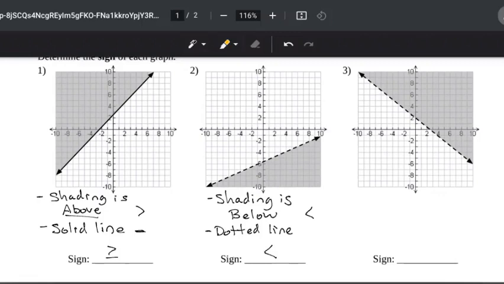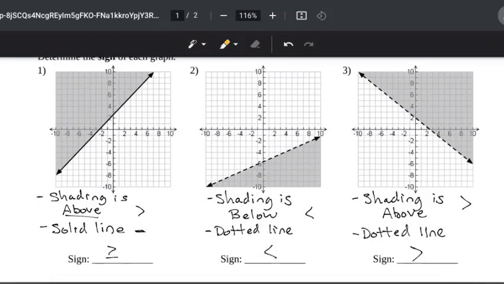Number 3, shading is above still, like number 1. And then the type of line is a dotted line. So above means greater than, and dotted means we are not including that information, so we are not equal to. So just greater than.